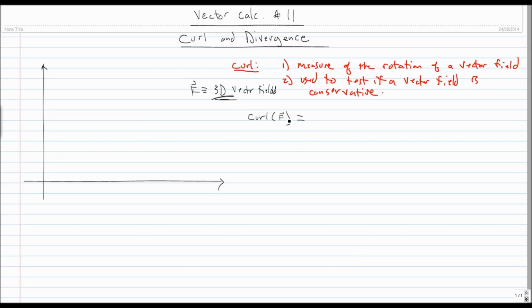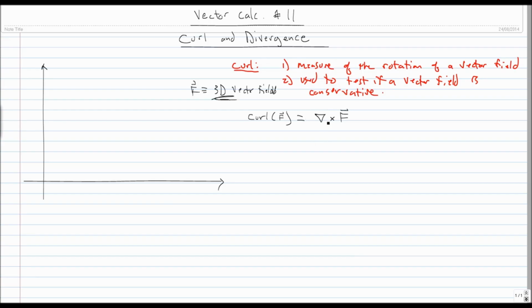So the curl of f can be written like this, where it's the cross product between this differential operator here called del and your vector field. Okay, so you should know that when you take the cross product of something, you're going to end up with a vector.